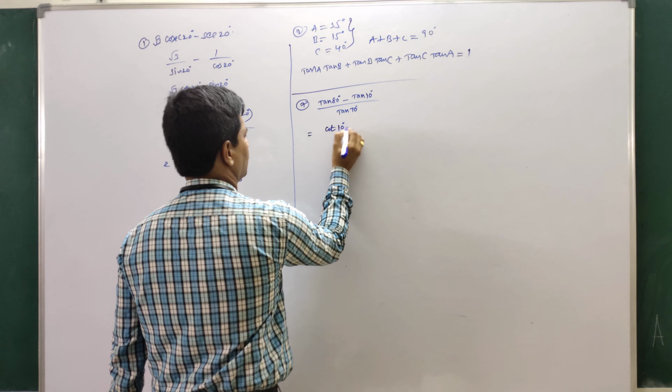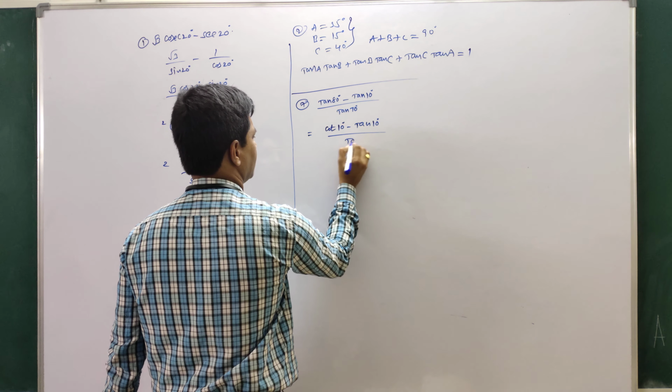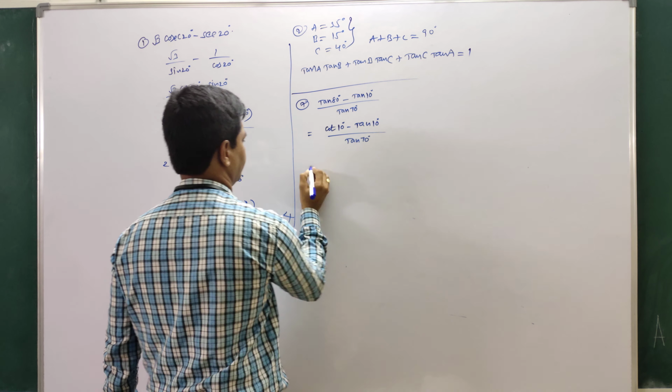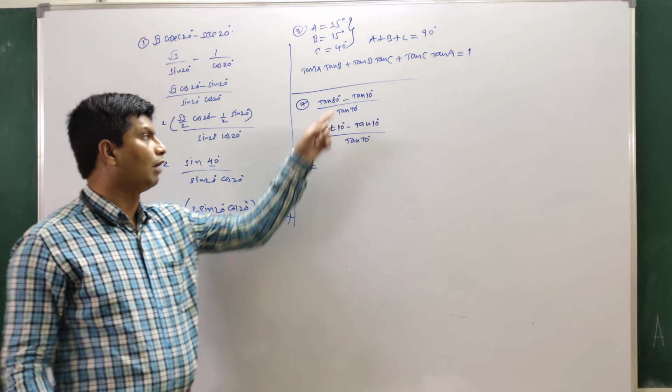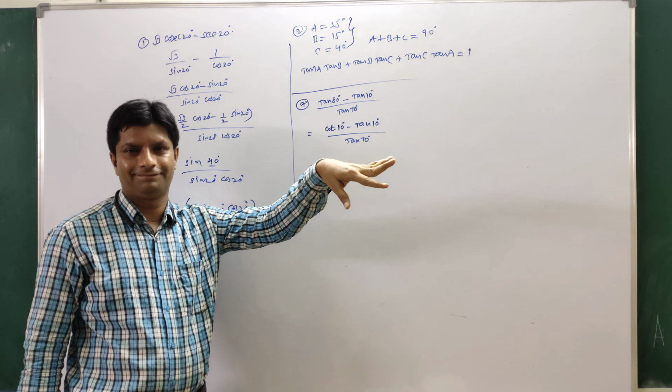This is directly cot 10 minus tan 10 by tan 70, because we can write 80 degrees as 90 minus 10. Tan of (90 minus 10) is cot 10, because in the first quadrant tan is first. Denominator also we can change.